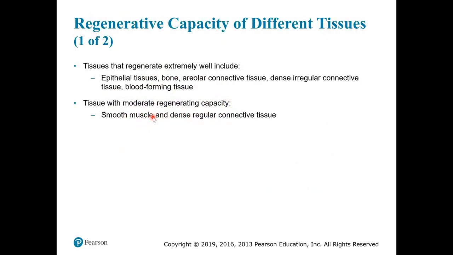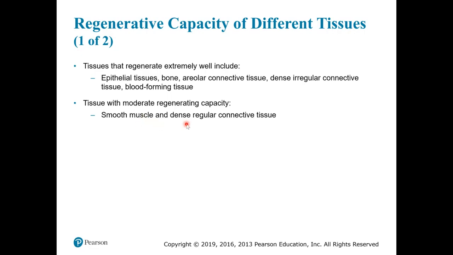Tissues that regenerate extremely well are epithelial tissues, bone, as I mentioned earlier, and areolar connective tissue. It's not very complicated, easy to make that. Dense irregular connective tissue, which is mostly just collagen fibers anyway, and blood forming tissue that's also in the bone marrow. Smooth muscle and dense regular connective tissue have moderate regenerating capacity.